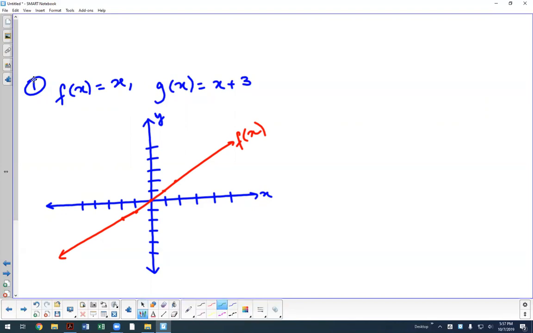For the second one, we have 1, 2, 3, 4, and 5.